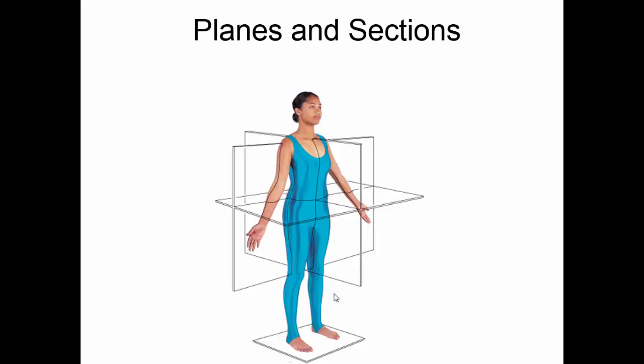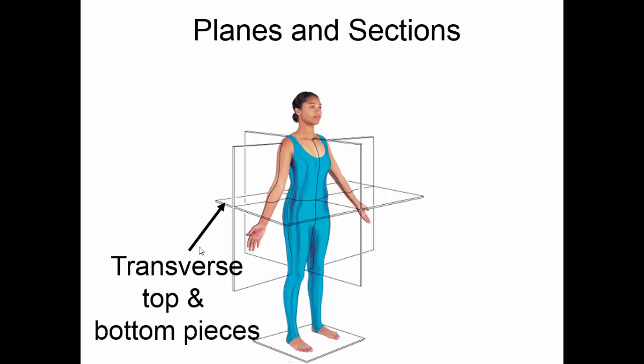Whenever we look at models or parts of the body, we frequently cut them up into pieces so that we can see the inside better. And we need to know what kind of a piece we're looking at. So we have different planes or sections. If we have a cut that divides a piece into top and bottom, we have a transverse plane or a transverse section.